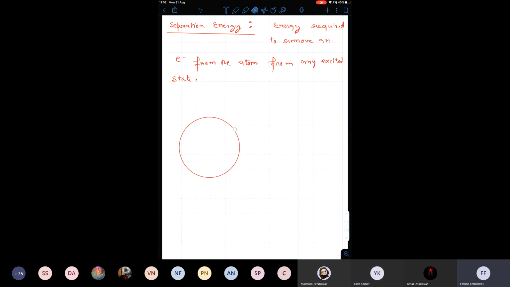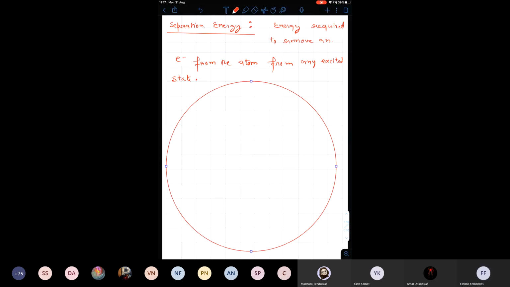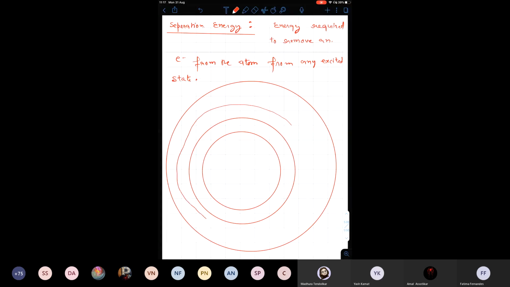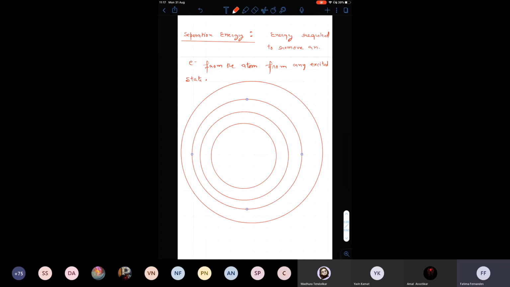For example, if I say, just wait a second. If I say that this is n equal to infinity, and these are some orbits.